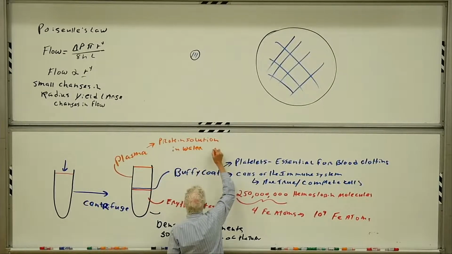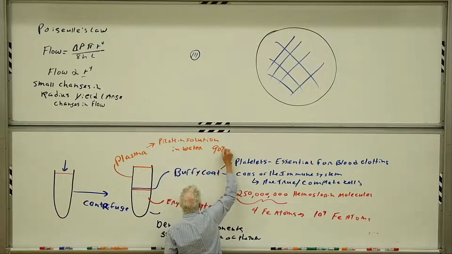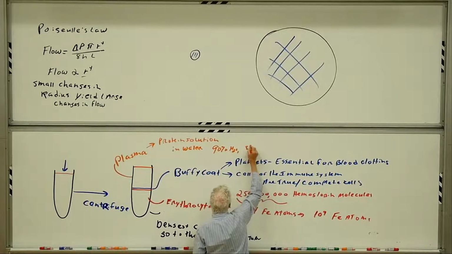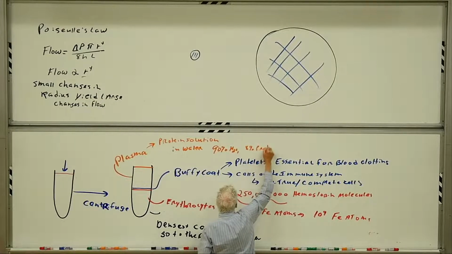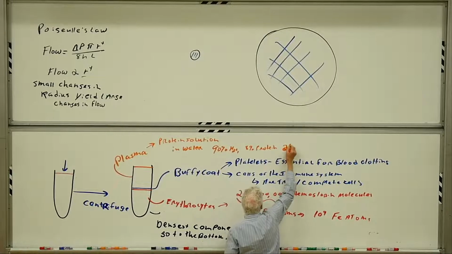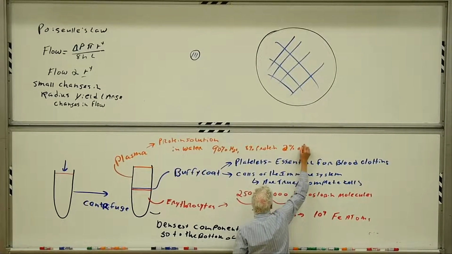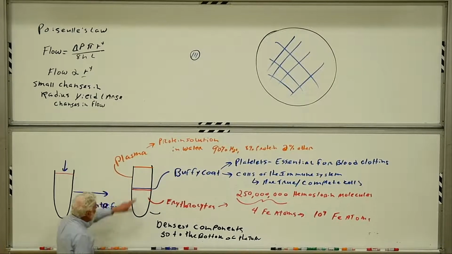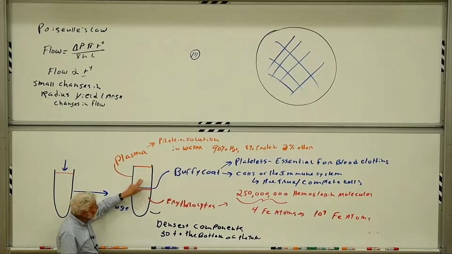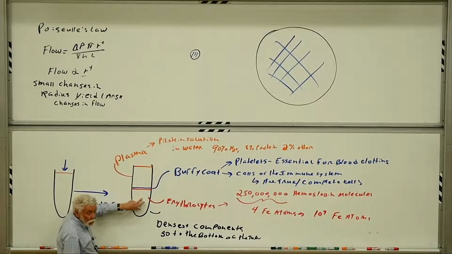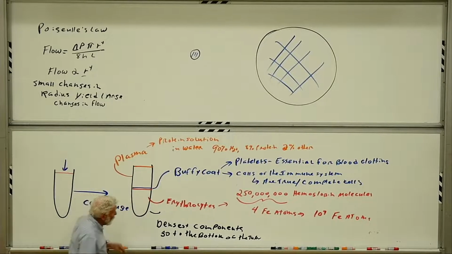And as such, it's about 90% water, about 8% protein, and about 2% other stuff. Now, don't memorize those numbers, but recognize that basically what we have is a protein solution. And that's the least dense of all the components, so it goes to the top. Down here we have the erythrocytes that are the most dense, and they go to the bottom.